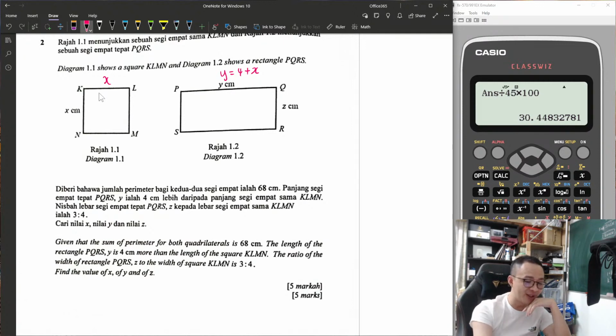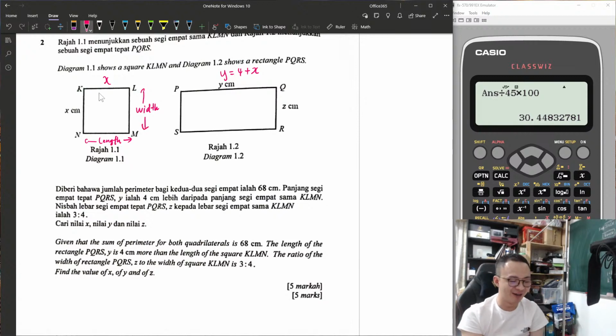Here I believe this is what they call length, and this is what they call width. So you need to be careful about all these keywords. The width of the PQRS, which is z, ratio the width of KLMN, which is x.